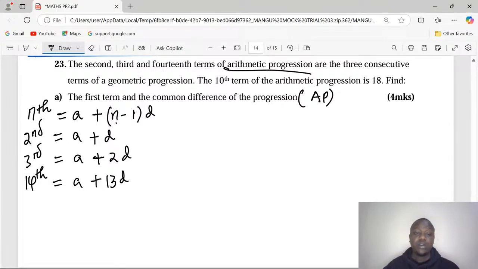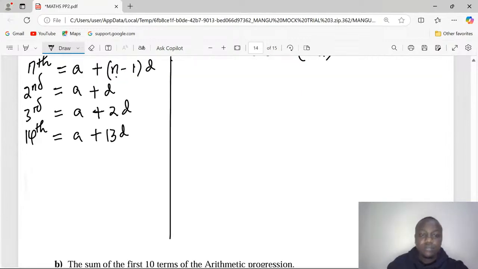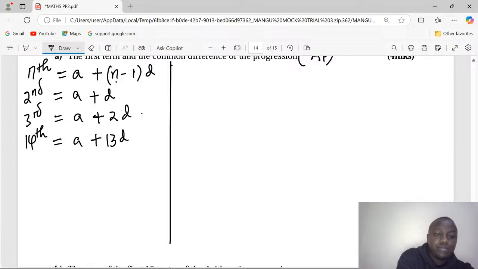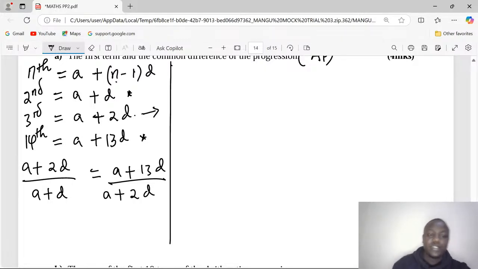So we can make a very simple conclusion: when we take the third term, A plus 2D, and divide by the first mentioned term, A plus D, we will get the same as when we take the 14th term, A plus 13D, divided by the one before it, because they are consecutive in a GP.